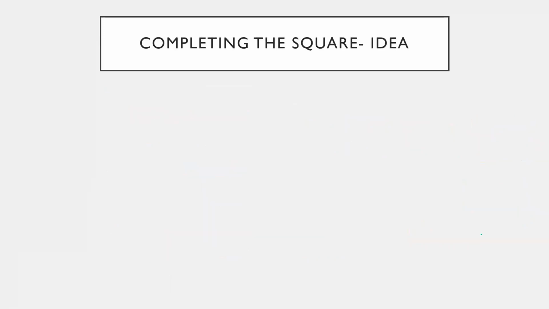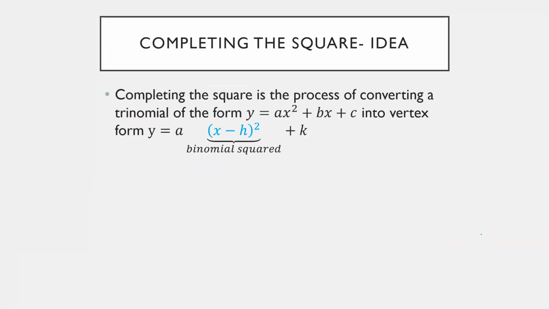So what we're going to see is that when we are using something called completing the square, which is the process of switching a trinomial into the vertex form, which is a times x minus h squared plus k, we're really just trying to figure out how to switch this standard form into a binomial squared. We're trying to purposely factor it out so that we get a binomial squared.